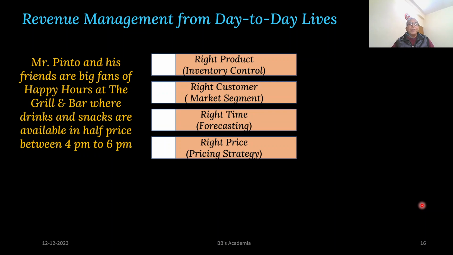Now we have to find out, is it an example of right product, right customer, right time or right price? Out of these four, we have already discussed these factors under revenue management. So you have to think which factor this situation is applicable to.